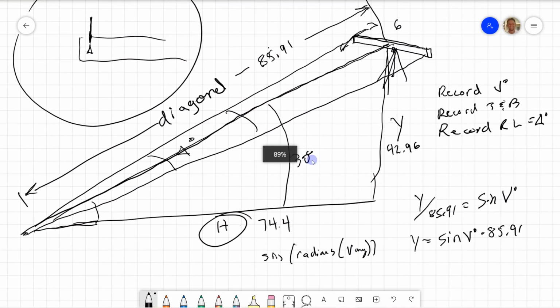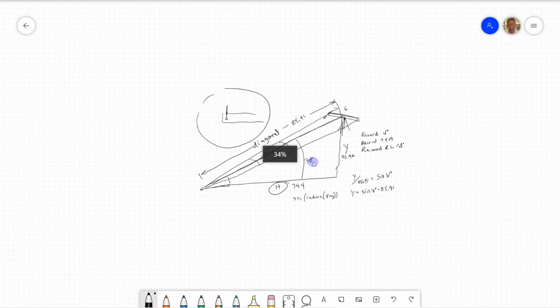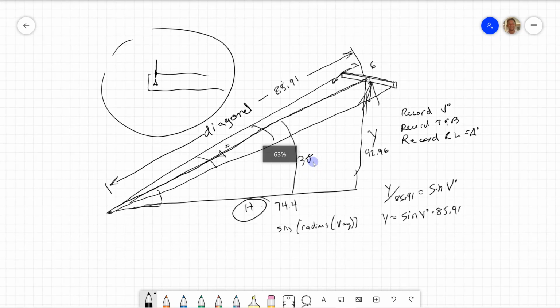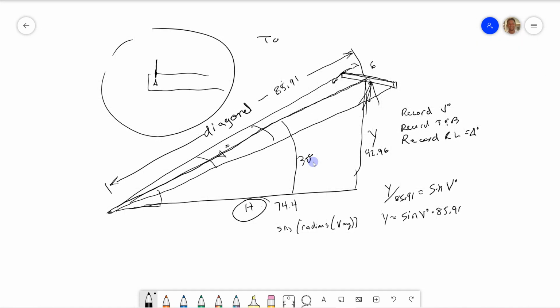Tangential tacheometry. And then, yeah, there you go.